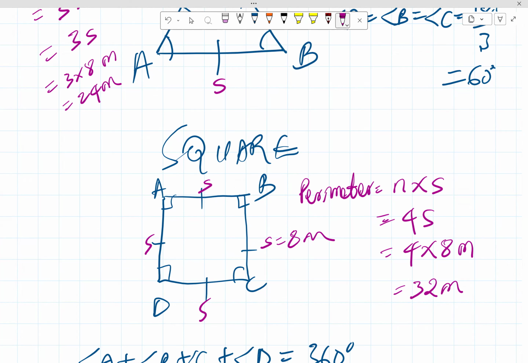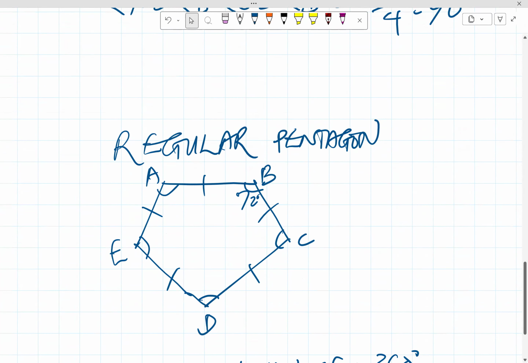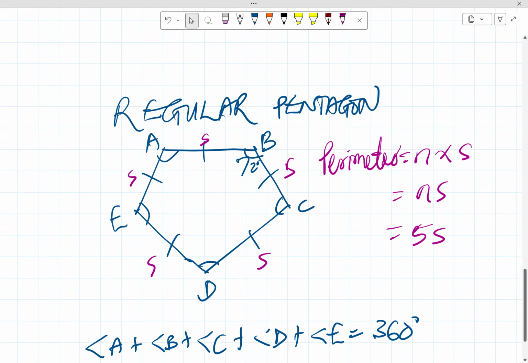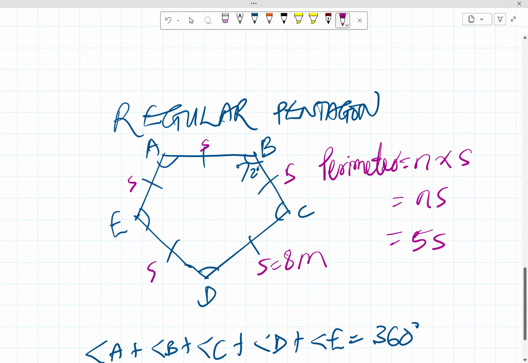You have the same thing for a regular polygon: S, S, S, S, S. I don't have to write all that; once I write one, you can see the stroke telling you they are all the same, so you can agree that perimeter is number of sides times the side length. That's NS, and that is 5S in this case. If S again is 8 meters, you have 5 times 8 meters, and the perimeter is 40 meters.